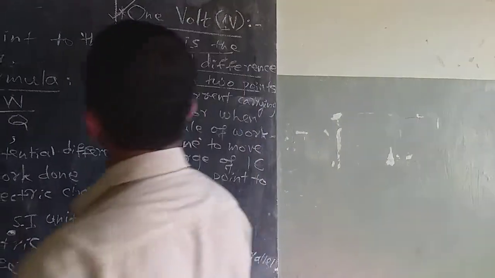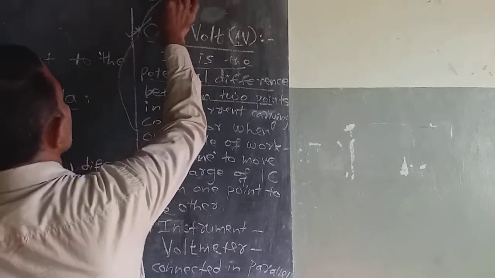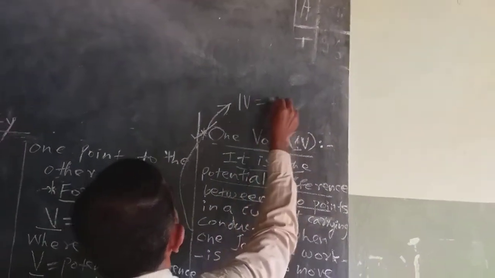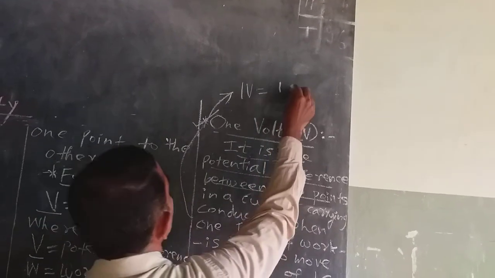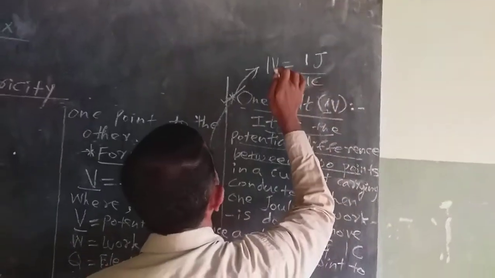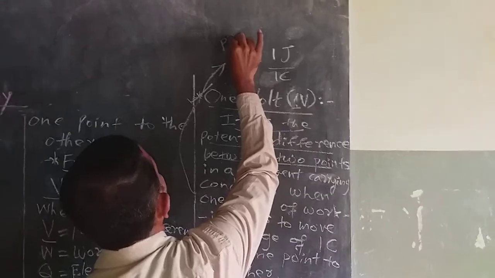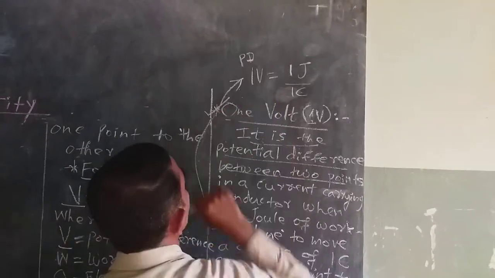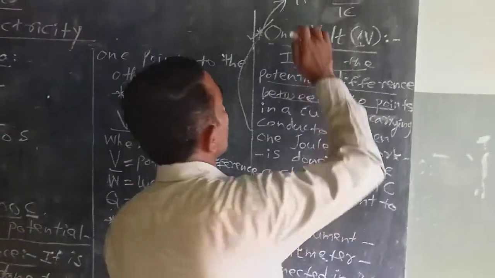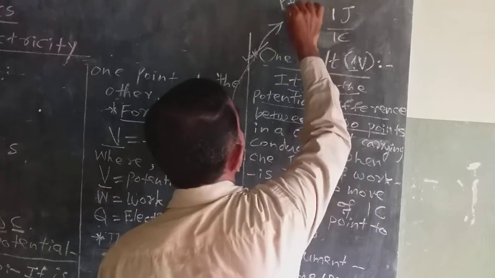According to this definition, we can write, I will write here, 1 V equals 1 J divided by 1 C. 1 V means this is the potential difference, PD means potential difference, because V means volt, it is the SI unit of potential difference.